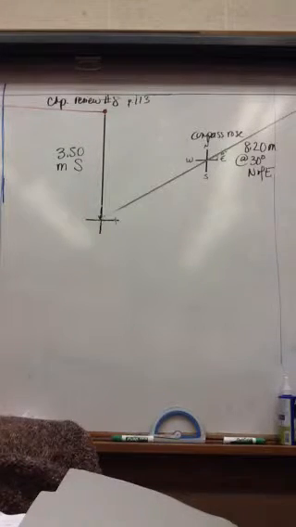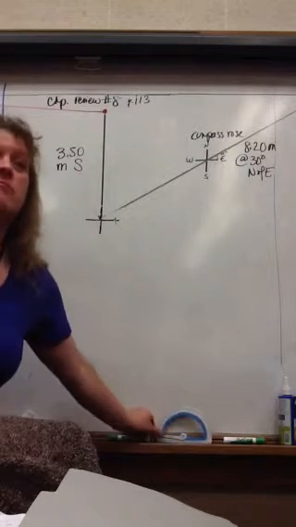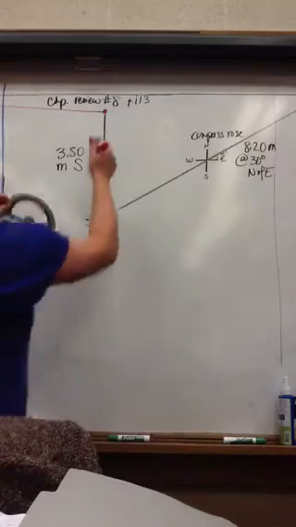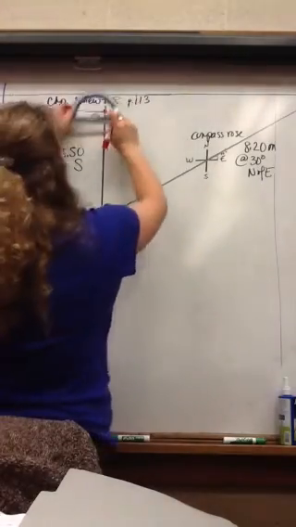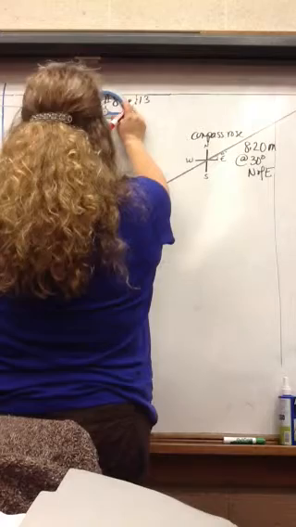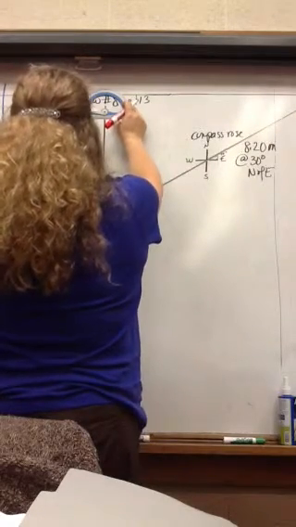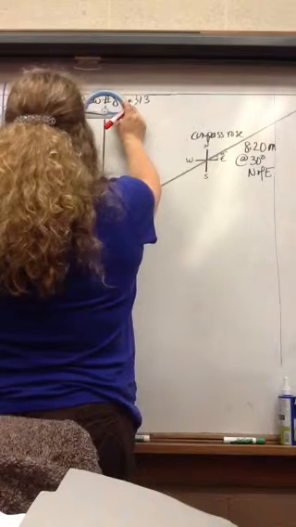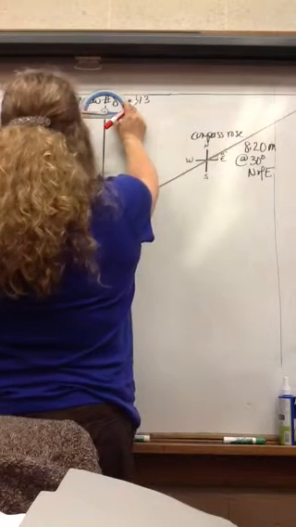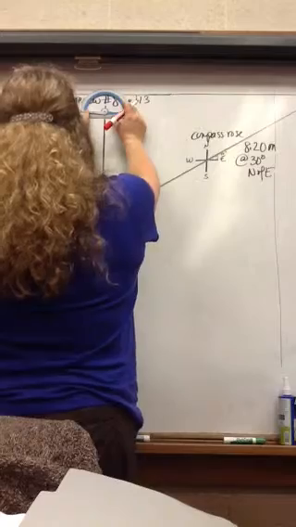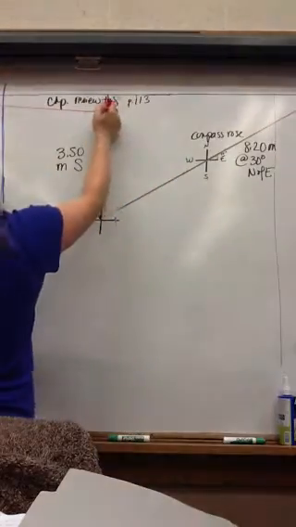How am I going to do that? You find the angle it is from west, southwest. I'm going to use my protractor. And I'm going to draw a little compass rose right there. And I'm going to bring that up to meet my line. And I'm going to say that that's about 5 degrees.